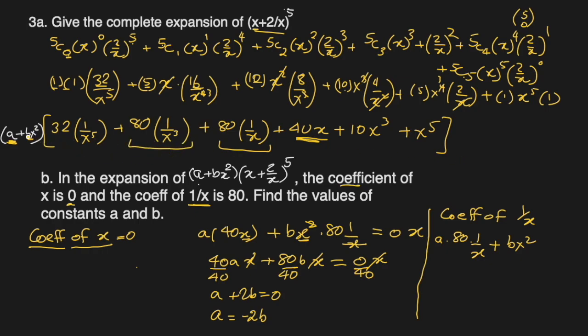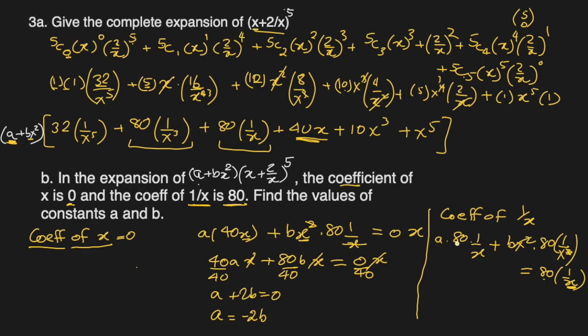Yeah, because we have bx squared here, and if I write 80 1 over x cubed, this x squared will cancel with two of the x's here, and we'll be left with 1 over x. That's what we want. And the coefficient of it is just 80. So 80b over x. The coefficient of 1 over x is 80 when the combination of these two is taken into account.